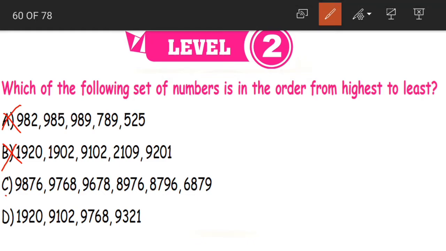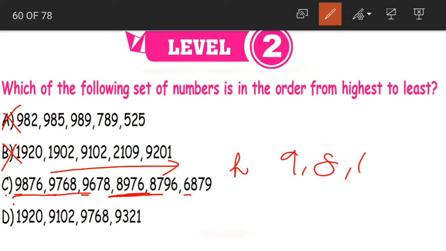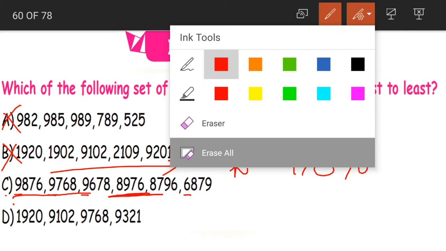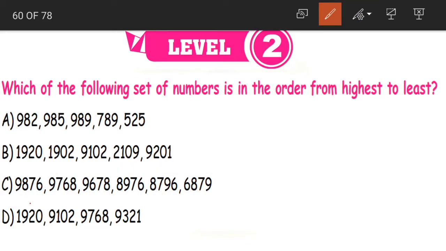Coming to option C. See, if you look at the digits in the thousands place, first we are having all 9s, then 8s and then 6. The order is from highest to least. 9, 8, 6. Yes, highest to least. So that is correct. Now let us compare the digits in hundreds place. 8, 7, 6.